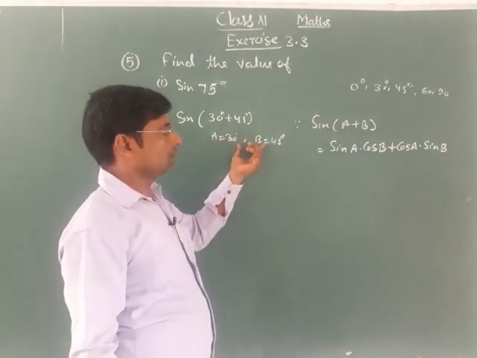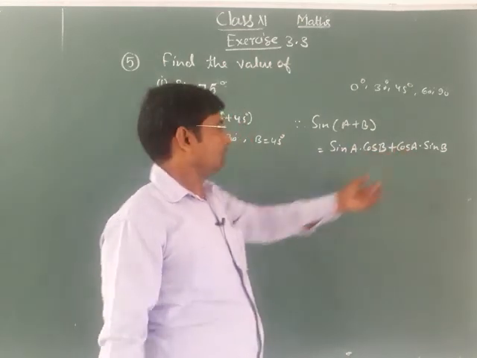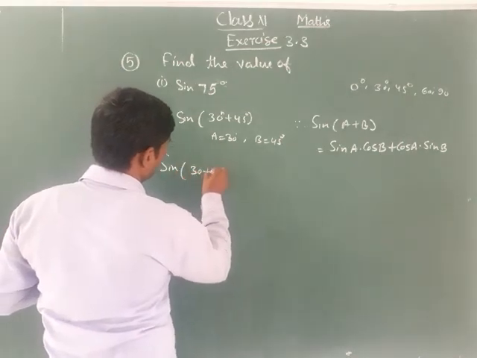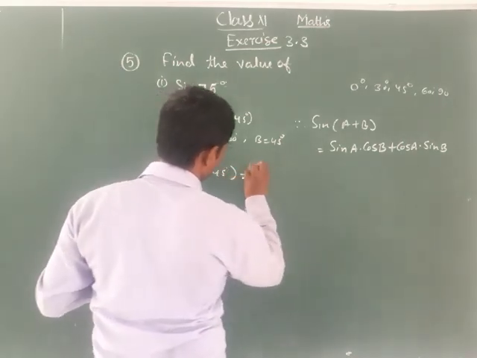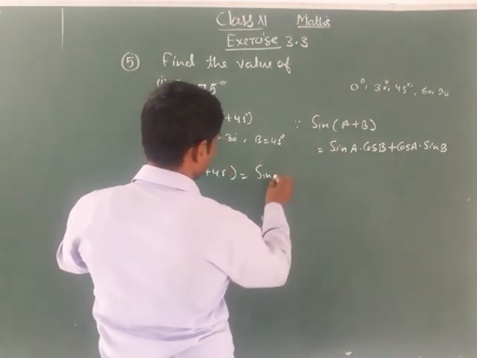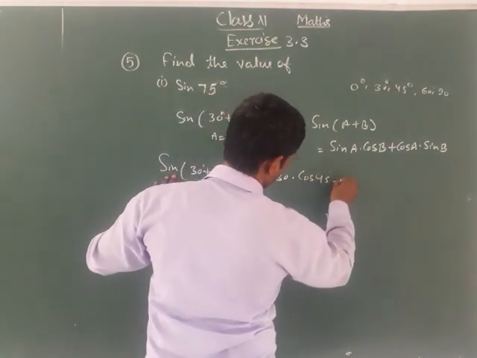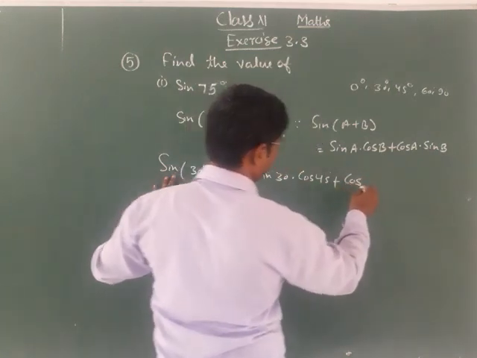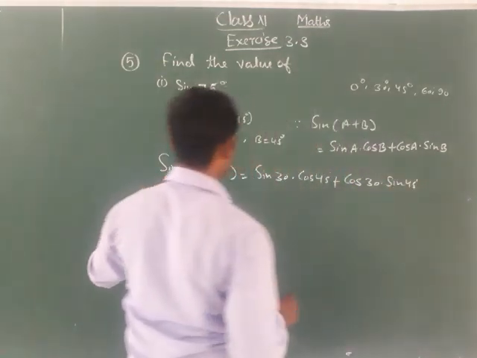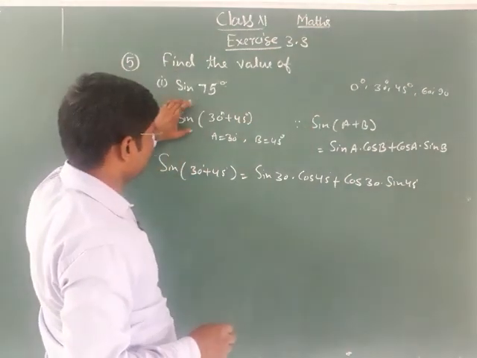Placing the values of A and B, sin(30 plus 45 degree) is equal to sin 30 degree cos 45 plus cos 30 degree sin 45 degree. According to this formula, now you can solve it.